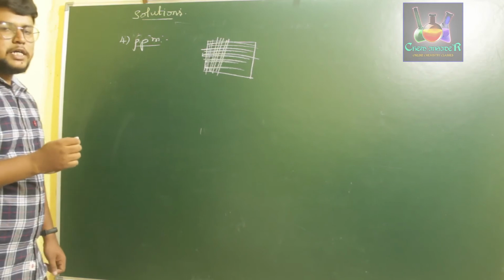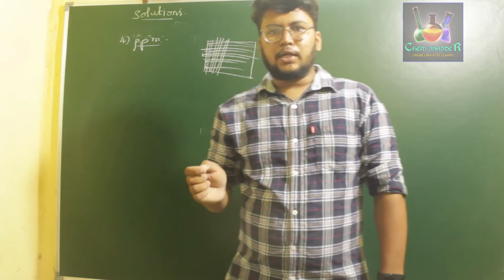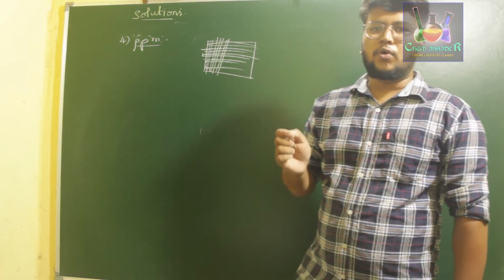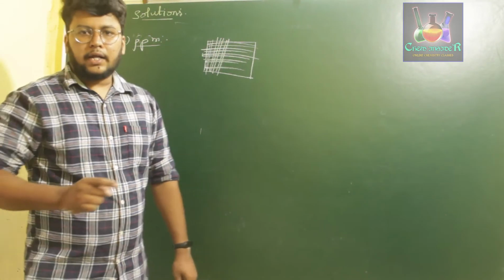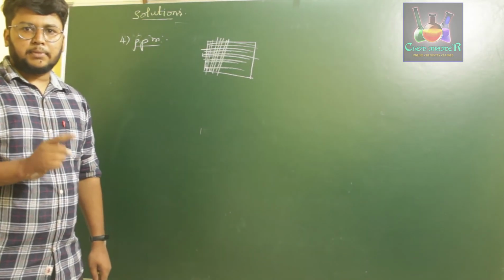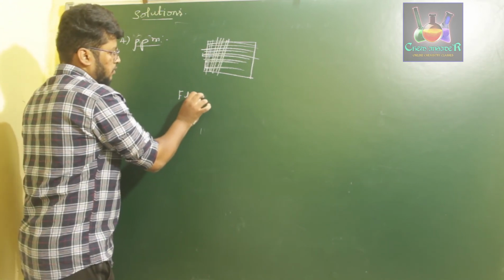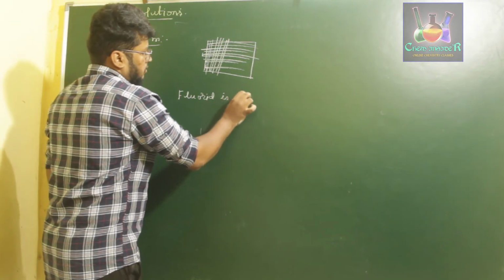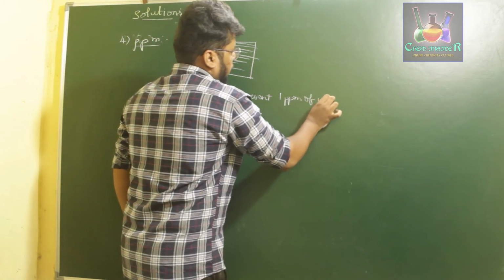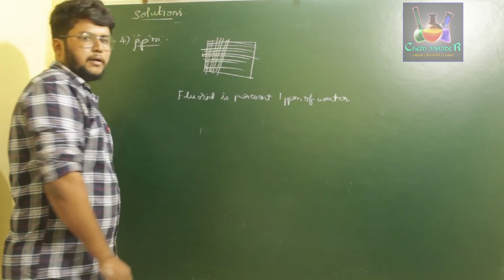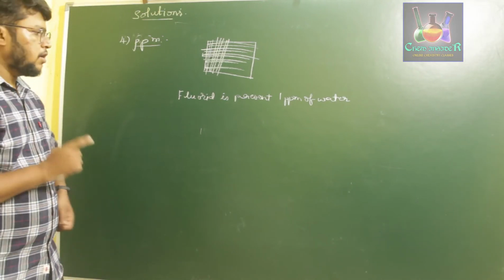Parts per million of a given component is the number of parts of the given component divided by the total number of parts of the overall components. Like if fluoride in water is found to be 1 part per million, it means that out of 1 million parts of water, 1 part will be fluoride.